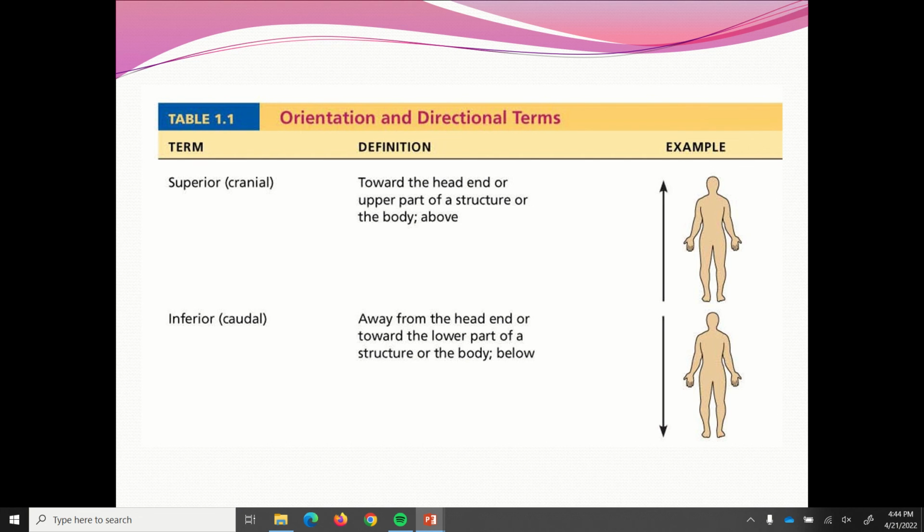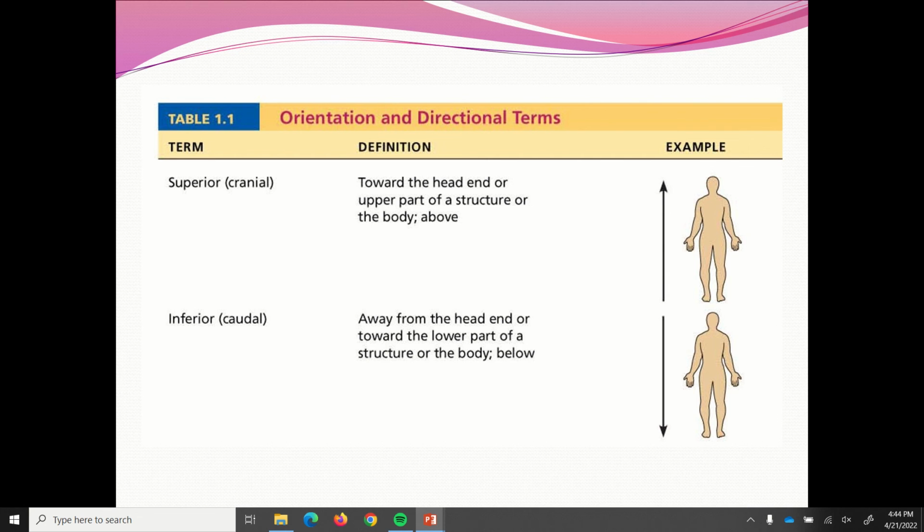Anatomical position is useful in defining what's called directional terms, and this helps a clinician to specify the movement in a particular direction on the body. The first two pictured here are superior and inferior.